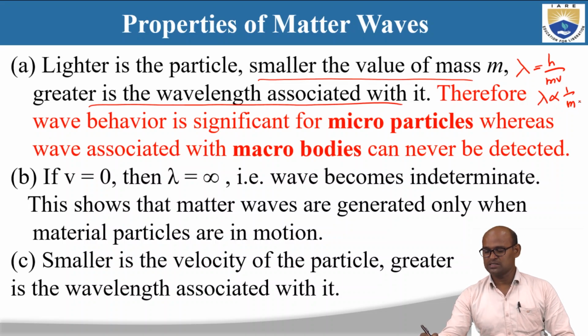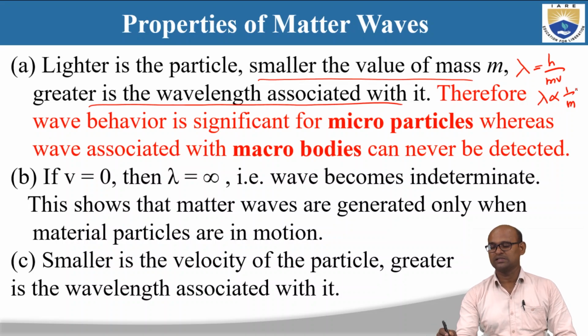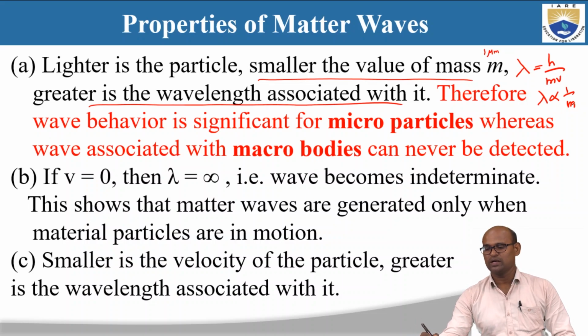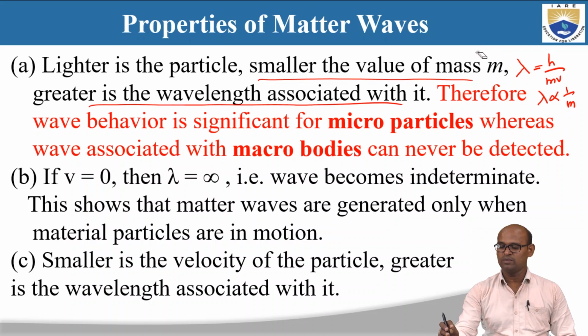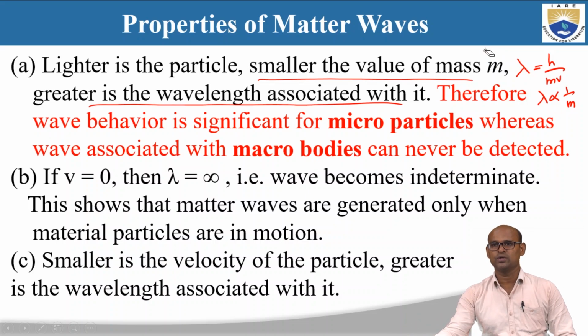For microparticles, the mass is less, so 1 by a small value will be big. Suppose a microparticle of 1 micrometer size: 1 by 10 power minus 6 will be 10 power 6, so lambda will be large, and such wavelengths you can detect.